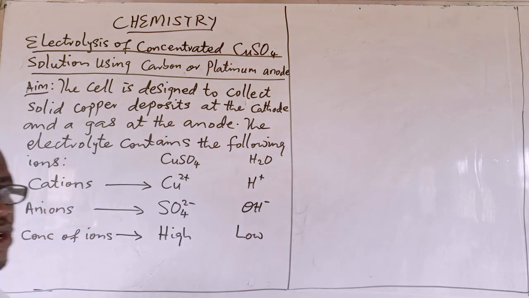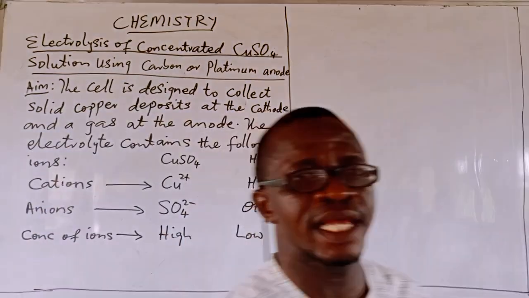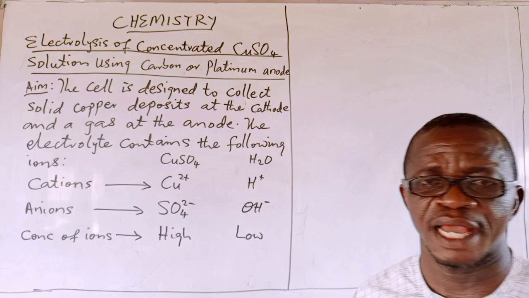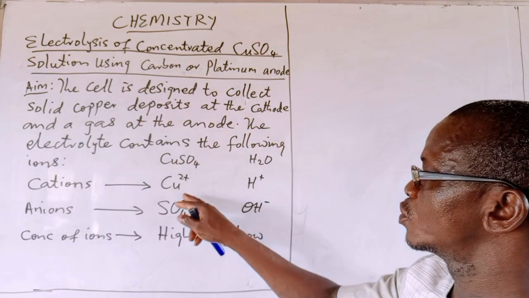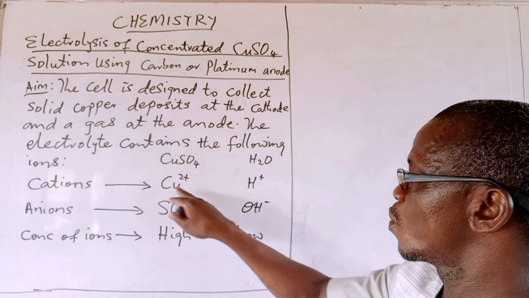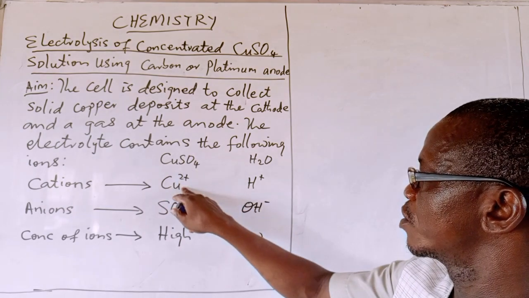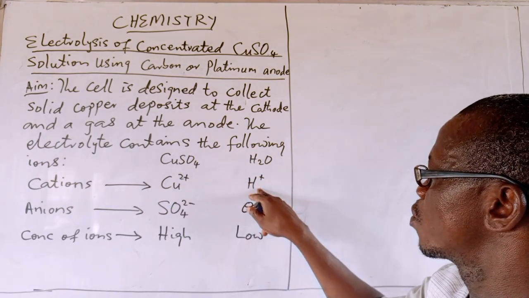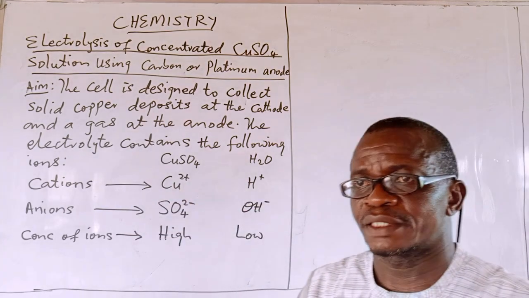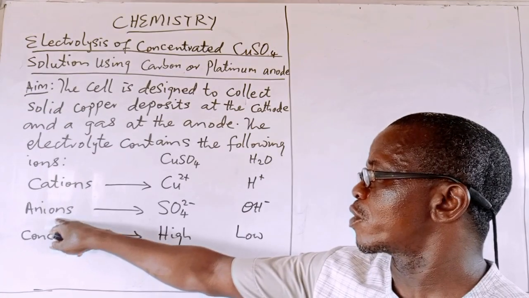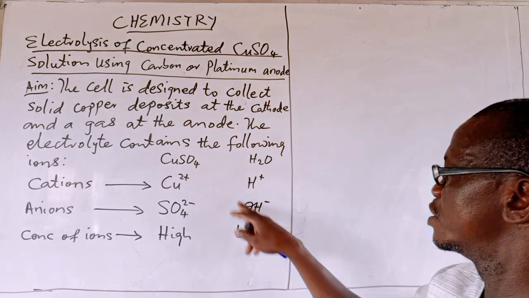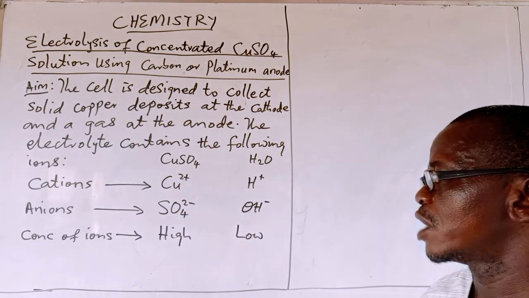I believe you remember what I said about cation. You also remember what I said about anion. So cations are those ions that are positively charged. This is the cation from here. This is the cation from here. Now when you get those cations, you now go for anions. This is the anion from this. This is the anion from this.